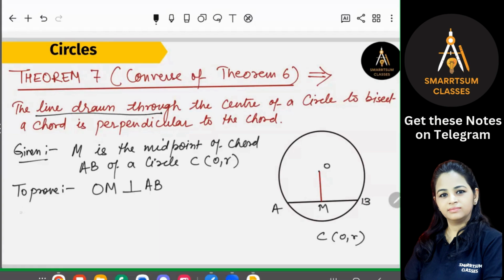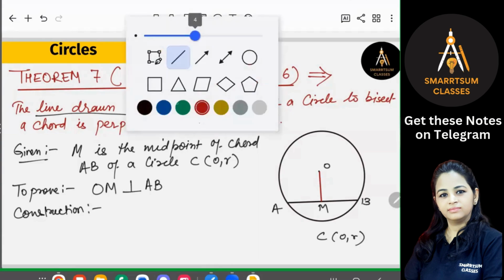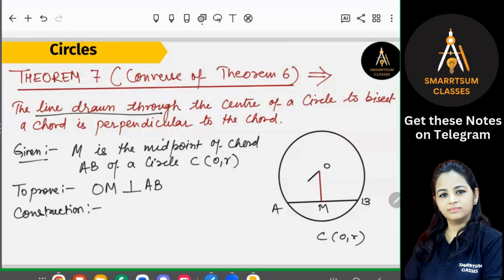Now again, we have to do some construction here. What is the construction we'll be doing? We will join O and A, and we'll join O and B. We'll draw these two lines. Write down: join OA and OB. Now let's see how to prove this.